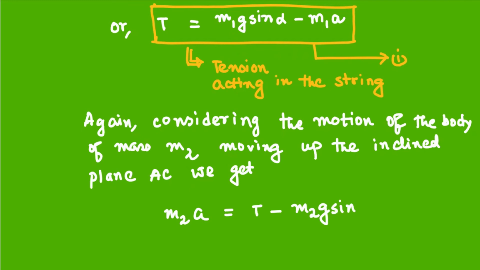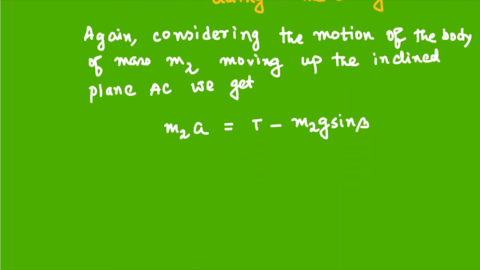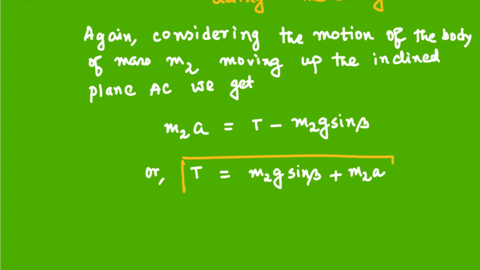T minus m2g sin beta is also the net upward force acting on the body parallel to the inclined plane AC, or T is equal to m2g sin beta plus m2a. That is also the tension acting in the string, which is equation 2.